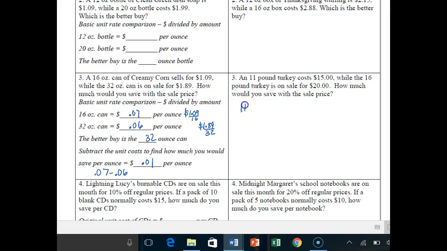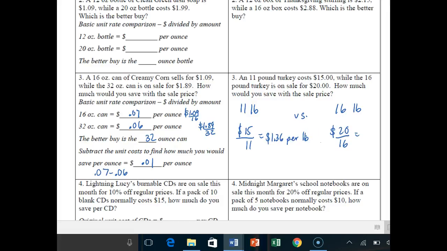So an 11-pound turkey versus the 16-pound turkey, right? LB stands for pound. So $15 divided by 11 versus $20 divided by 16. So what do we have here? We have 15 divided by 11 gives us about $1.36 per pound, $1.36 per LB.